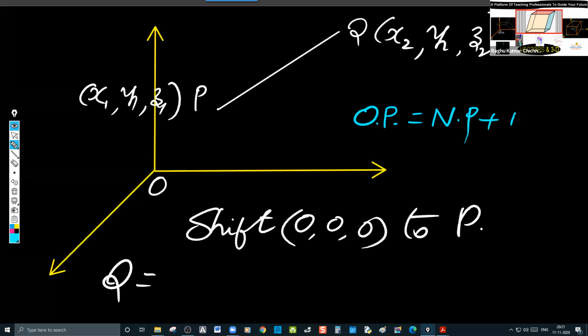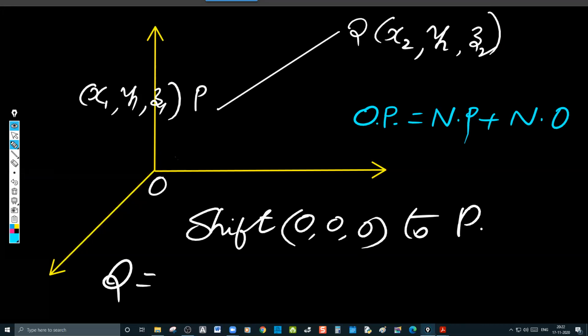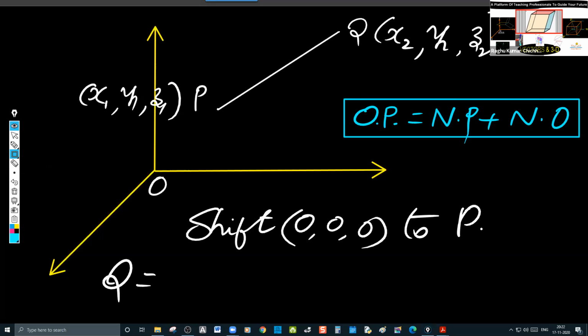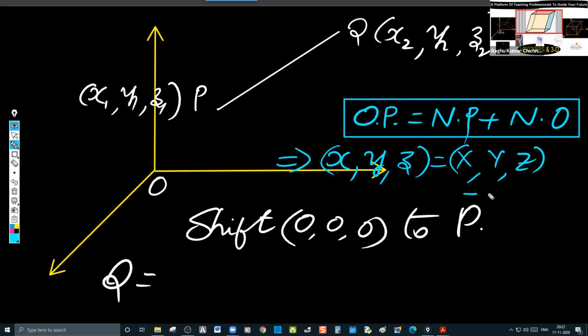Original point is X, Y, Z in small letters. New point is capital X, capital Y, capital Z. New origin is generally taken as X1, Y1, Z1.